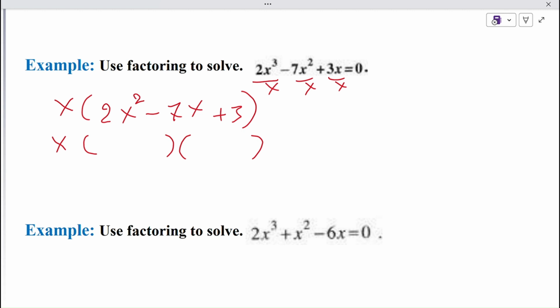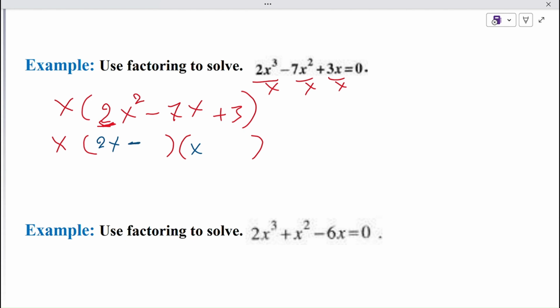So for this coefficient, you have to write it in one of these brackets. We will write down 2x here and x here. Then minus times minus is plus.